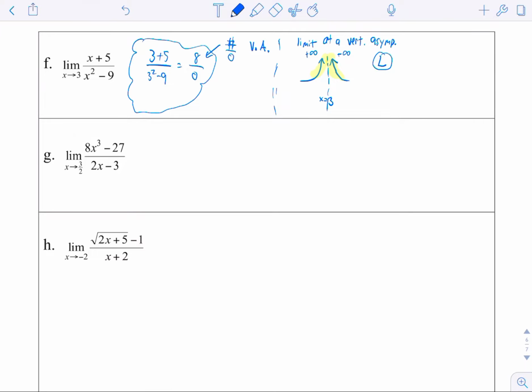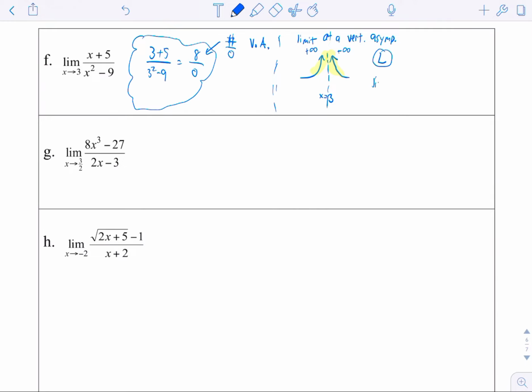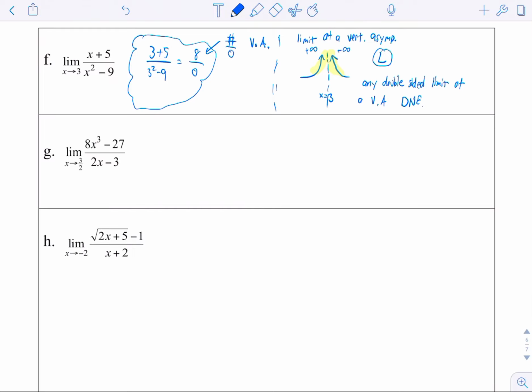And since it doesn't, I know that any double-sided limit at a vertical asymptote does not exist. So I don't even need to do any analysis. I already know it doesn't exist because it's a vertical asymptote.